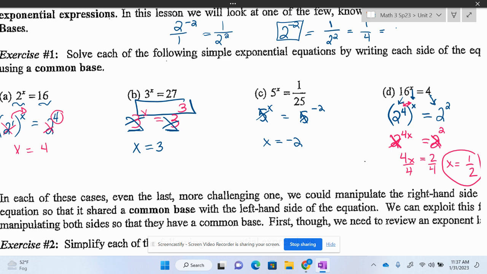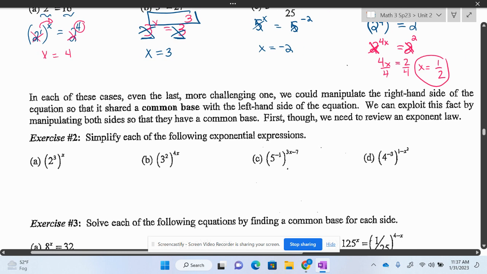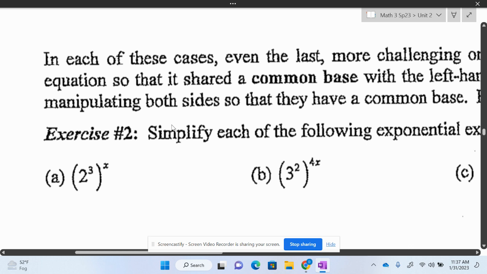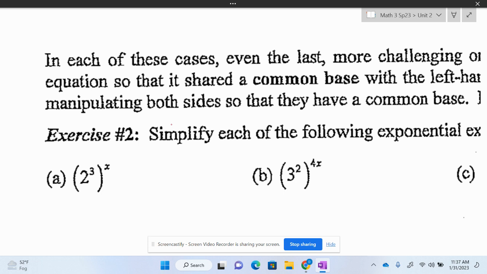What are your thoughts? Okay. So example 2 is all just reminding you of the law that we just used. It says, hey, I want to remind you that when you take a power and you raise it to a power, you have to take the two exponents and multiply them together.